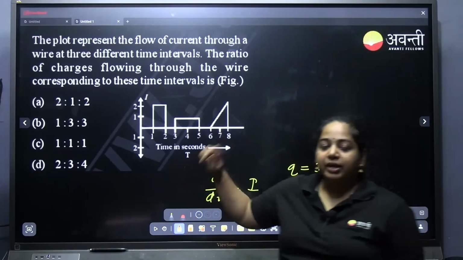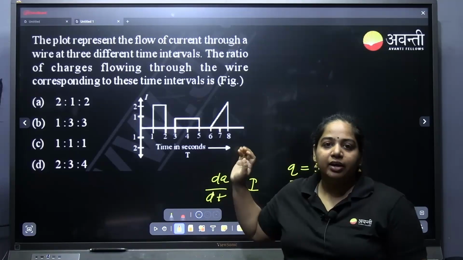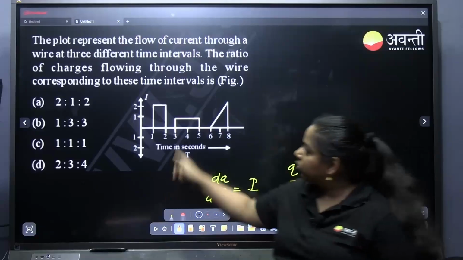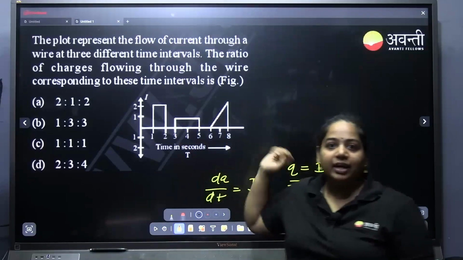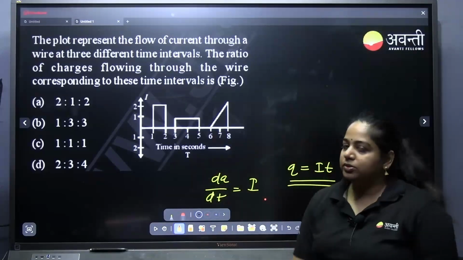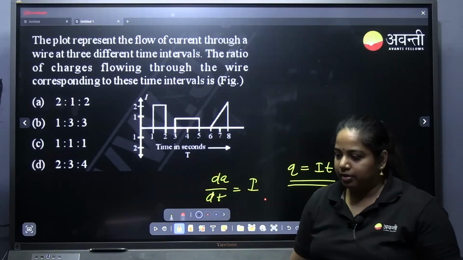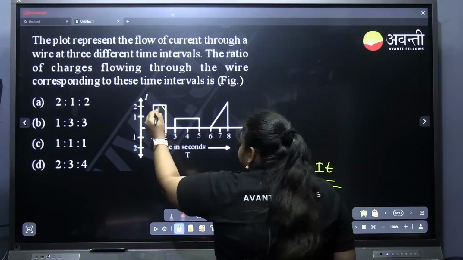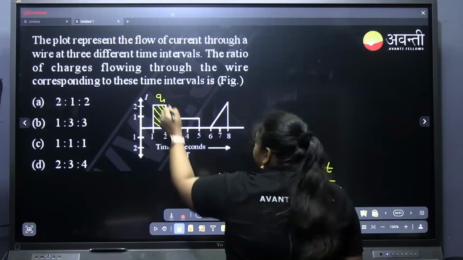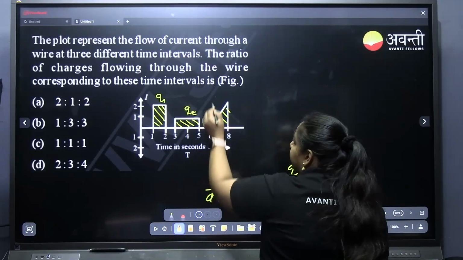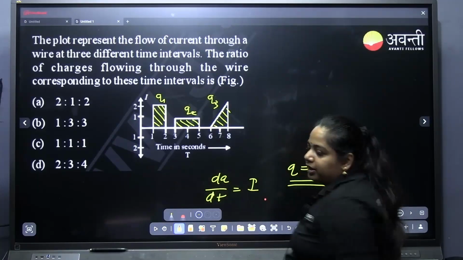From the graph, to find the opposite of a differential, you have to find the area under the graph. That is basically integration. So this area gives Q1, this area gives Q2, this area gives Q3. Then find the ratio.